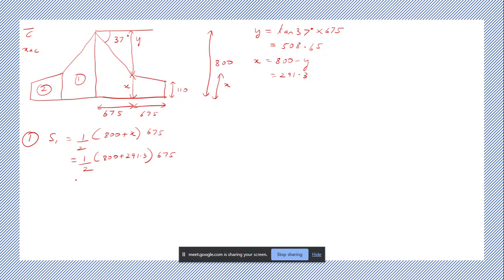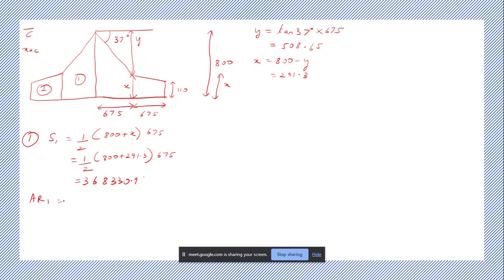So this will be a huge quantity. What will it be? 368,330.9.